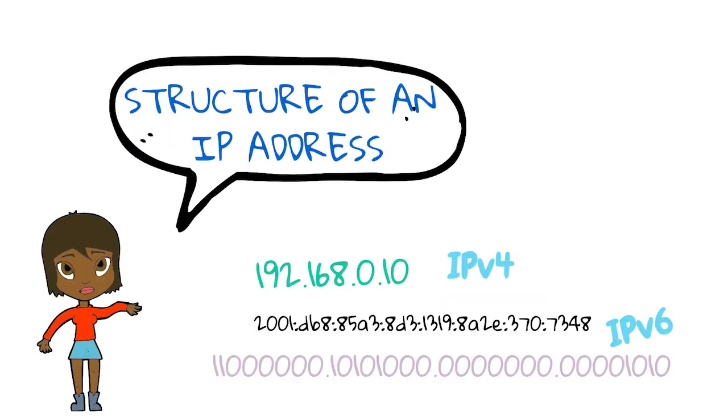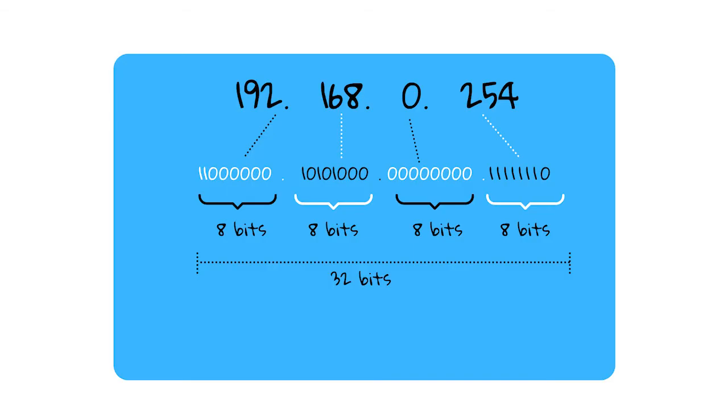Now that you understand what an IP address is, we're going to look at the structure of an IP address. There are two types of IP addresses, IP version 4 and IP version 6. We're going to be focusing on IP version 4. An IP version 4 address is 32 bits in length, and it is usually written in a format known as the decimal dotted notation, which is shown on the screen, and is usually pronounced as 192.168.0.254.